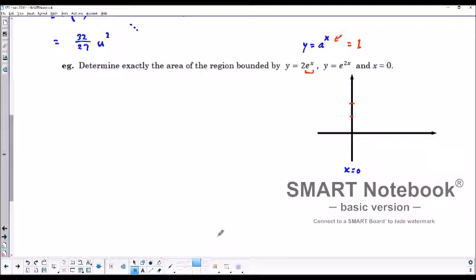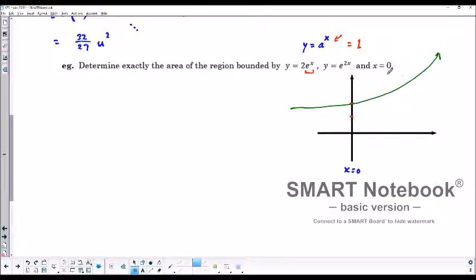Okay, so I don't know exactly how the graphs are going to go, but let's say that this one is going to be climbing up like this, up through 2, in some sort of an exponential fashion. The other curve, y equals e to the 2x, goes through 1, but that 2x in the exponent is going to make it climb even faster.